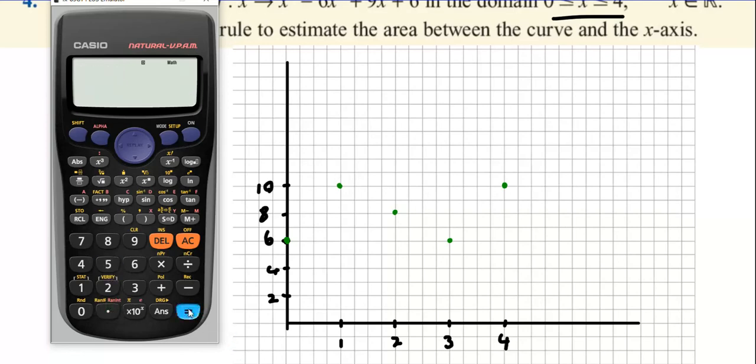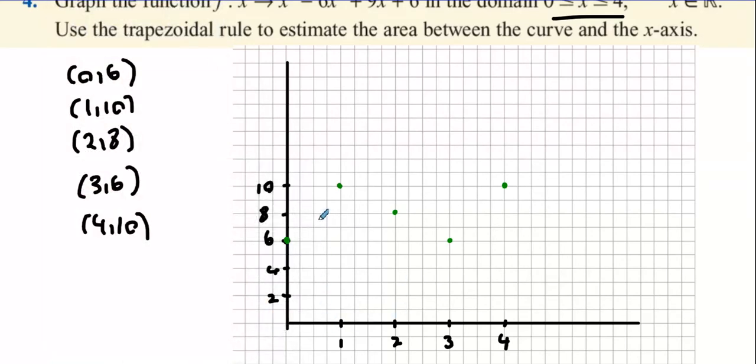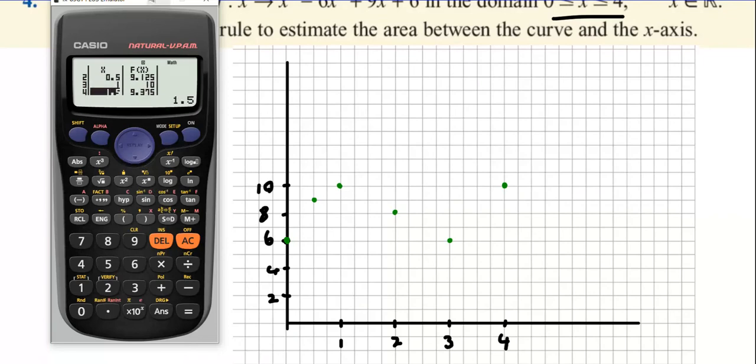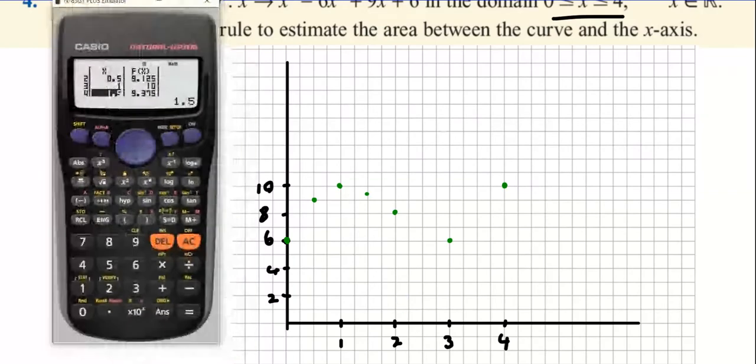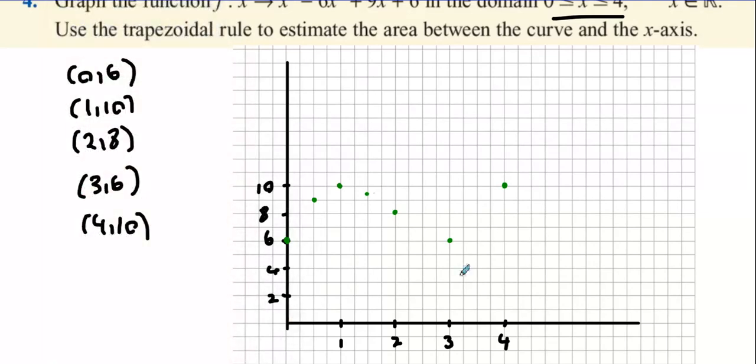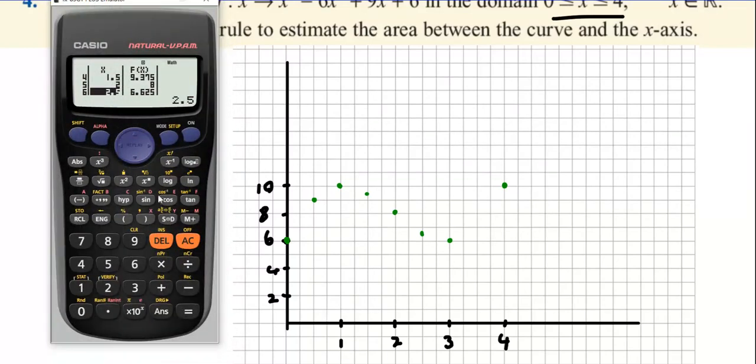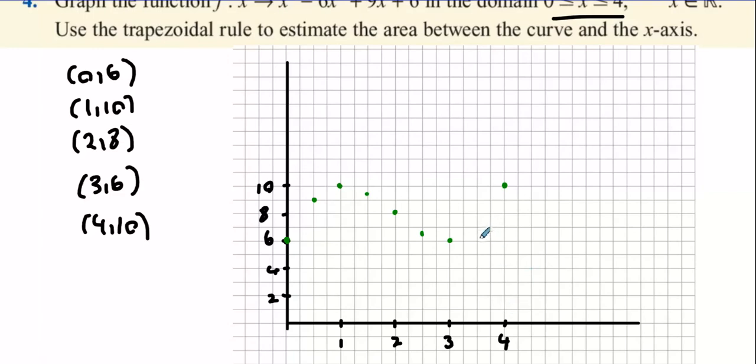My step at 0.5 just to see what's going on. 0.5 is at roughly 9 and a bit, so that's great. 1.5 is at 9.3. 2.5 is at 6.6 or around there, and 3.5 is at around 6.8 or 6.9, so just below the 7 mark.